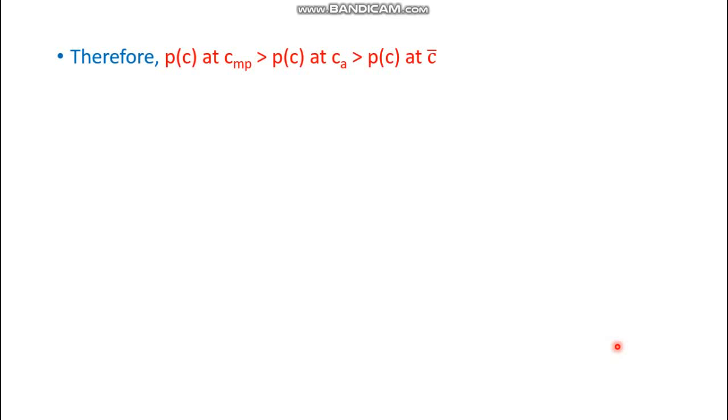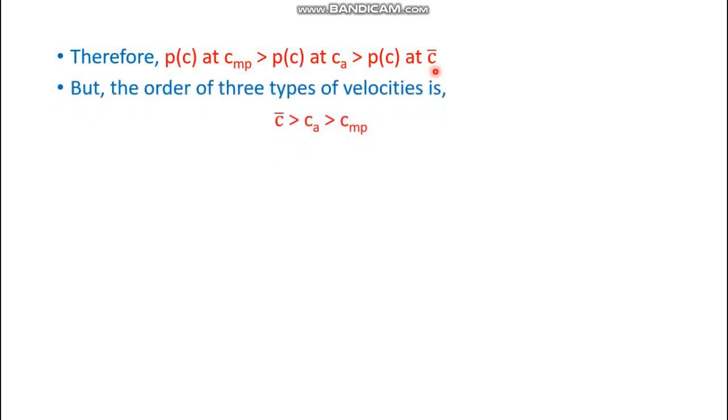Therefore, we find that the RMS velocity is greater than the average velocity, which is greater than the most probable velocity. That means the order is c RMS greater than c bar greater than Cmp. So this is the order of the velocities.